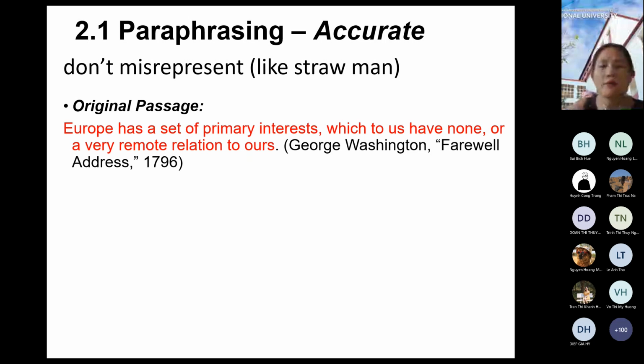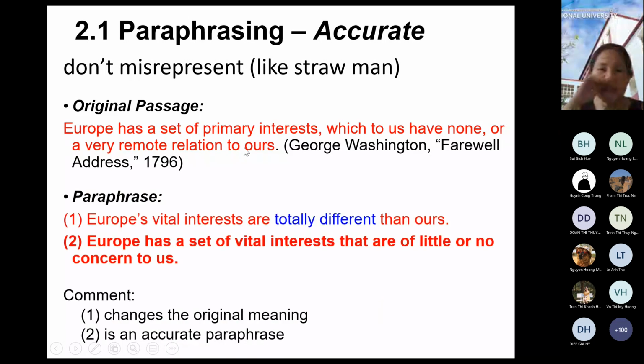Okay, so let's say we have different pieces of information, but let's pick this one as the example. Let's say we have two ways of restating or paraphrasing it. The first one: Europe's vital interests are totally different from ours. The second one: Europe has a set of vital interests that are of little or no concern to us.